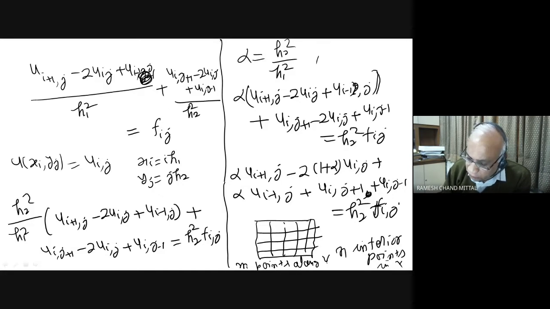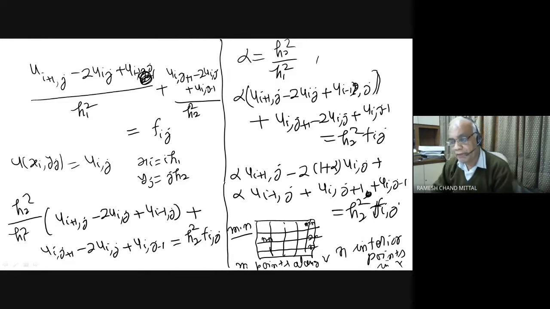That is, in total there are m times n interior points. I can number them 1 to n here, then n plus 1 to 2n here, and so on, and then my last point will be mn. So this is n plus 1. So you have your mn interior points, where I have to form my equation because I want to solve in the interior of the rectangle.